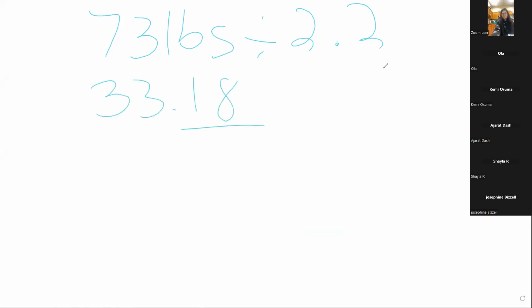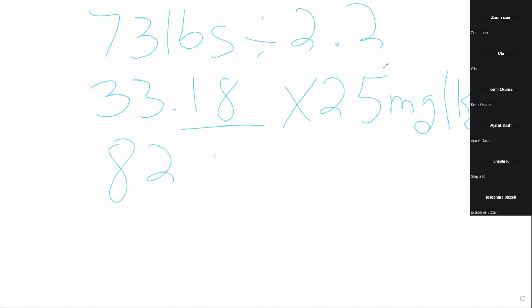And then we have 25 milligrams per kilogram per day. So you're going to take that times 25, which equals 829.54.